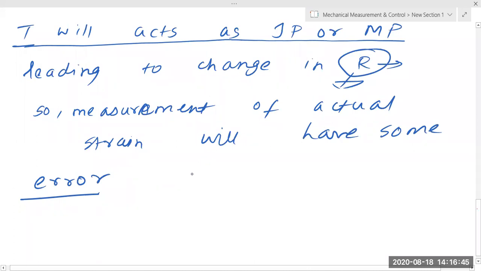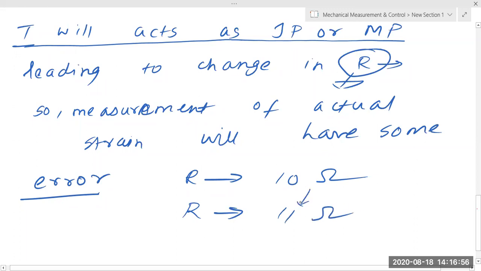Now suppose resistance was to change by only 10 ohm, and I'm just giving you an example, and due to this interference input, resistance is changing by 11 ohm. So there is a change in the actual value of the strain that we are going to measure, because resistance is actually related to strain.